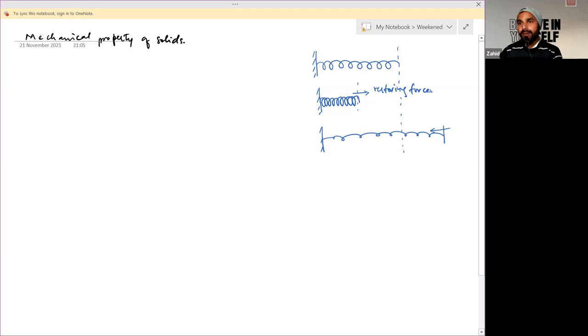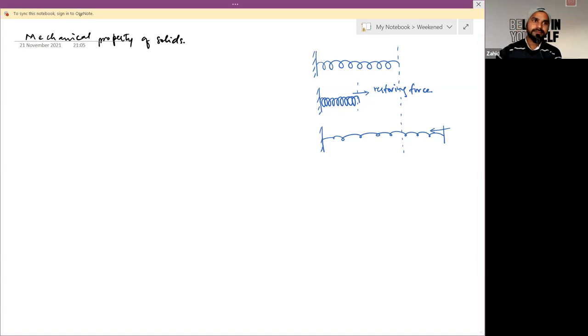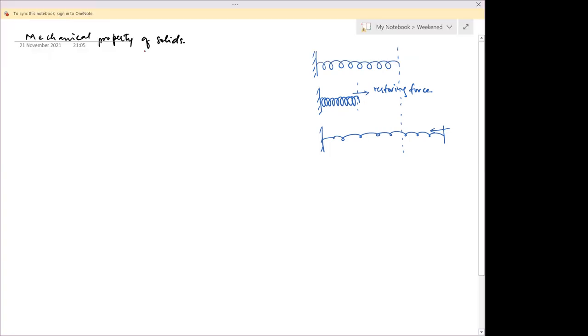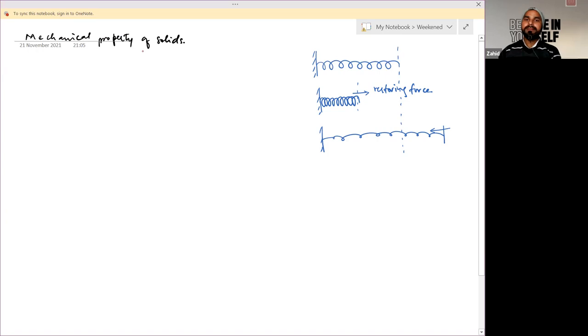And the tendency by which this force arises in the spring is termed elasticity. Is it clear? Yes, sir. Abdul Wahid, suppose the actual length of this spring is L naught.